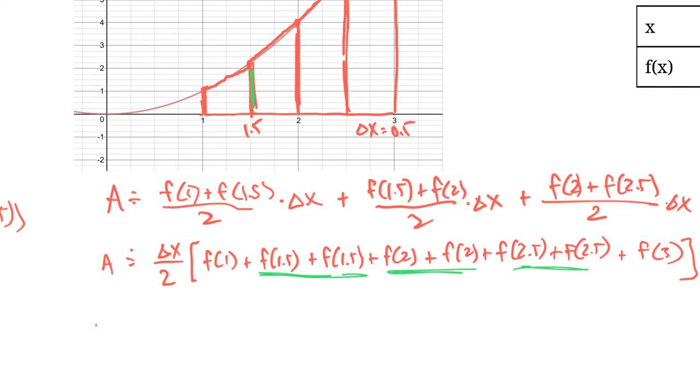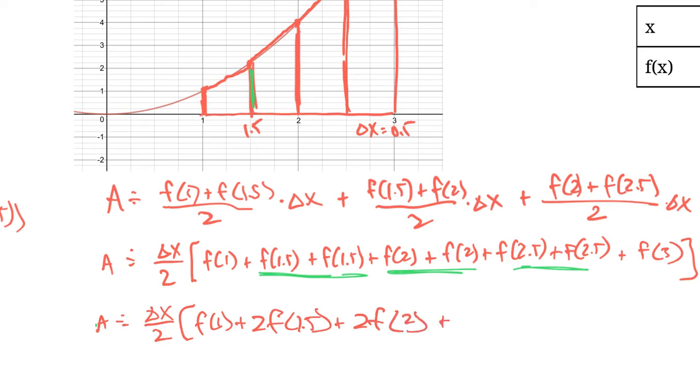It can really help to simplify the calculations if you remember this for the trapezoidal rule. It's f at 1 plus 2 f at 1.5 plus 2 f at 2 plus 2 f at 2.5 plus f at 3.